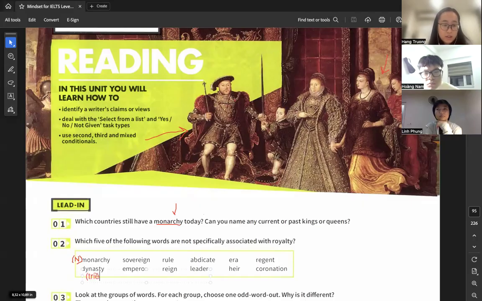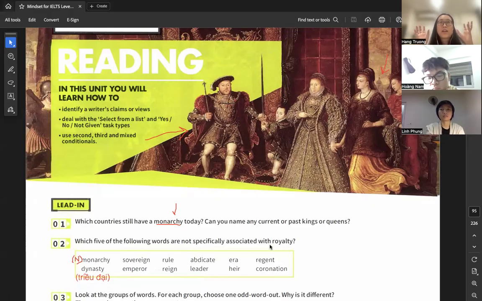Những thời kỳ nắm quyền khác nhau của những ông vua. Okay, so dynasty, is it related to royalty? Yes. Actually, no. It can be, but not that closely. So this is actually the first word that is not specifically associated with royalty.